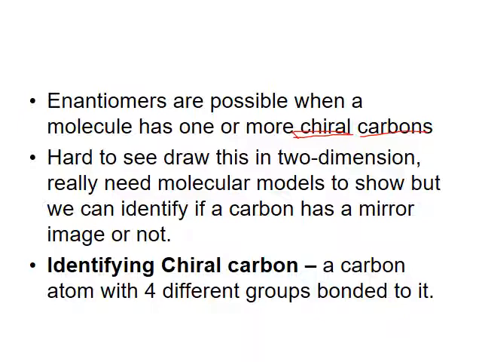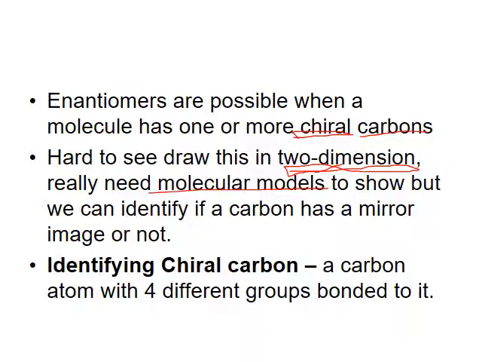Now it's really hard to show this in two dimensions. You've got to play with the models. You've got to get a molecular model out and look at it three-dimensionally to see how it works. It's tough; it's not easy to see how this works. But we want to at least get a general idea of what's going on.